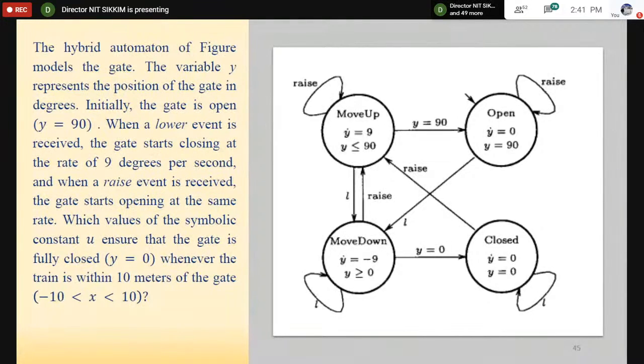So the y value is specified as part of the state, and the total time taken by the gate to open up completely is 90 seconds. Similarly, moving down is also with the same speed, and y is greater than or equal to 0. So some conditions are specified here.